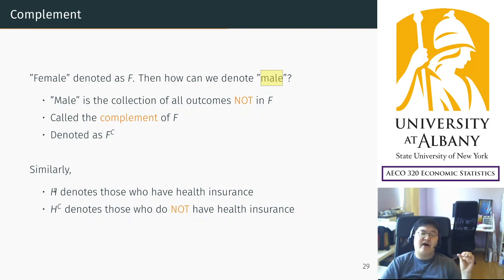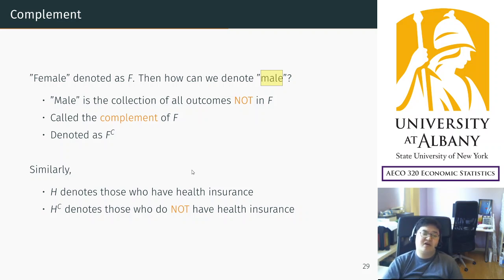Similarly, we defined H as those who have health insurance. Then we can define those who do not have health insurance as H complement. So H superscript C denotes the event that a person does not have health insurance. So the point is, the negation is the complement.